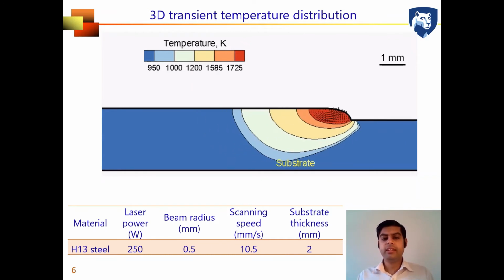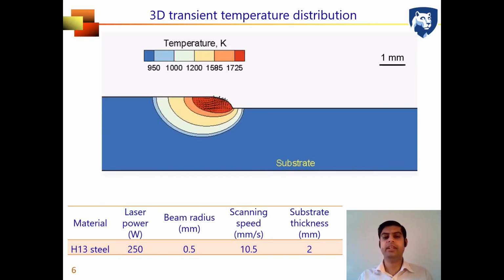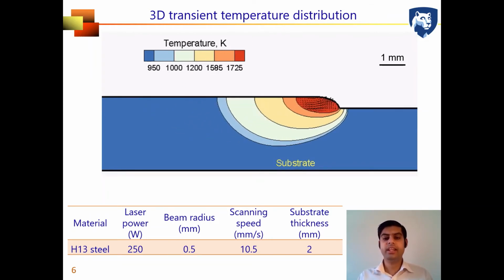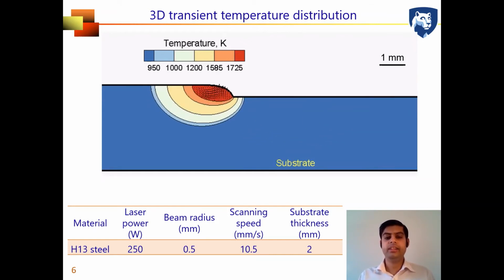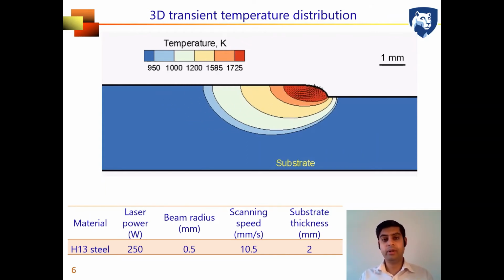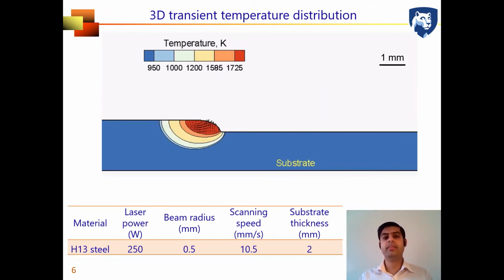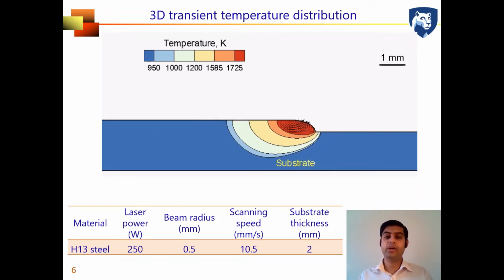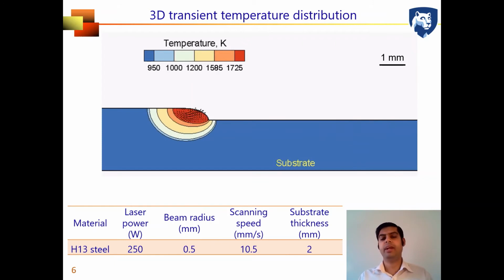You can see that as many layers are deposited during the additive manufacturing process, the temperature fields vary significantly. Like you can see from the first layer to the fourth layer, the temperature fields are expanded as the laser beam moves far from the substrate, which makes the heat conduction from the molten pool through the substrate difficult. That accumulates more heat in the system and the temperature fields are expanded.